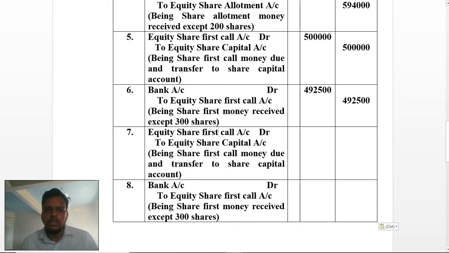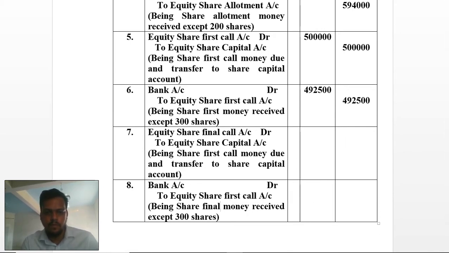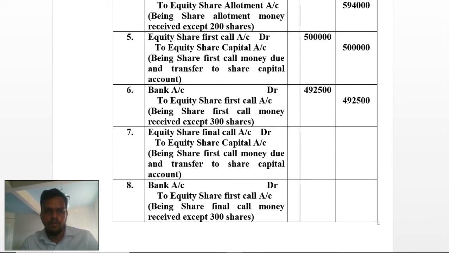Here also 300 shares have not been received. Only a title will be changed. The entry will remain the same. I have just changed the title to final call.